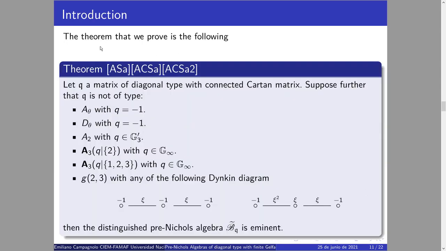Okay, the theorem that we prove is the following. Let Q be a matrix of diagonal type with connected Cartan matrix.